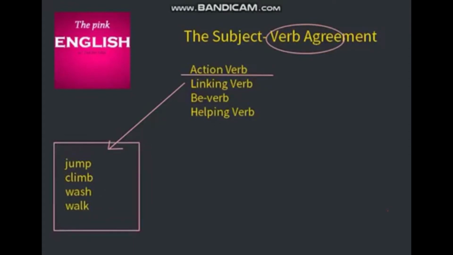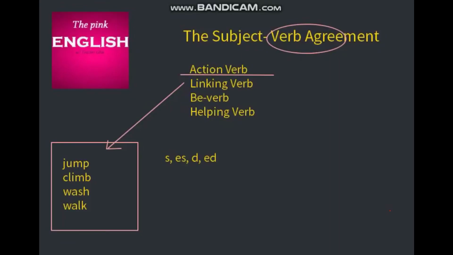These verbs are in their base forms. When verbs are in their base forms, they don't have s, es, d, or ed at the end, and they're used together with the plural subjects. Verbs in their base forms and are used with plural subjects are plural. They are definitely plural.